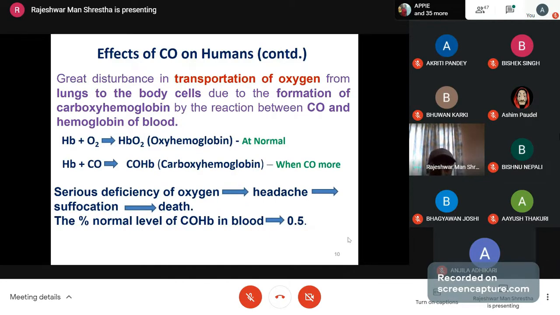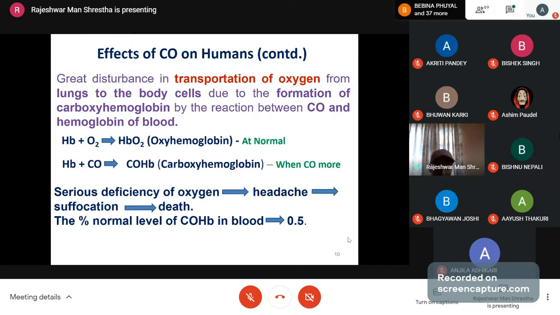And when air contains carbon monoxide, it will disturb the transport of oxygen from the lungs to the body cells. Why? Because carbon monoxide reacts with the hemoglobin of blood and changes into carboxyhemoglobin. When carboxyhemoglobin is formed, it disturbs the transport of oxygen from the lungs to the different body cells, and then serious deficiency of oxygen occurs in different cells of the body.